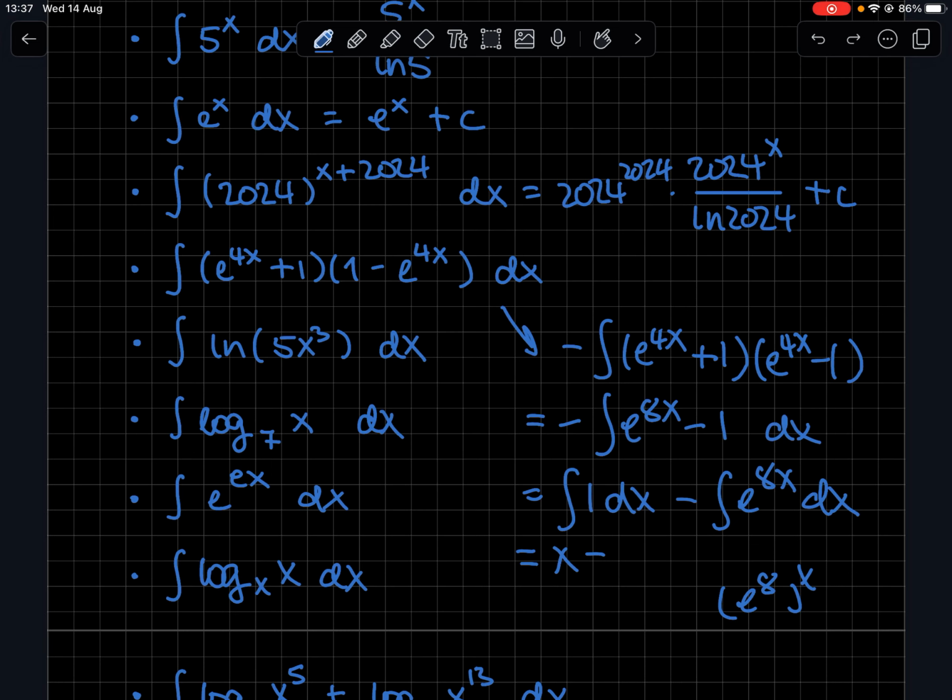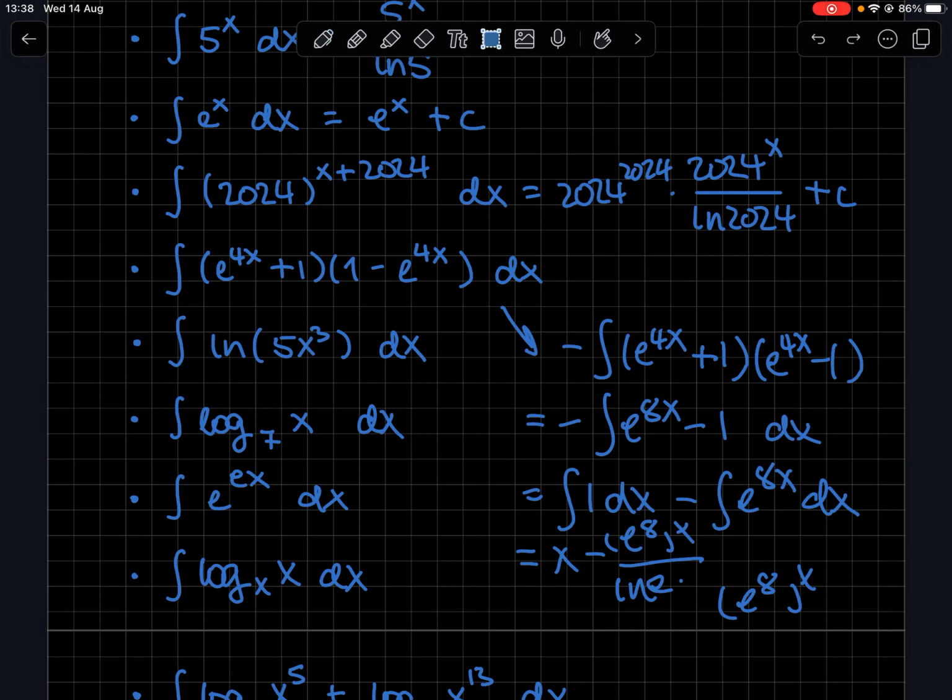So we can say that the integral will be e to the power of 8 to the power of x divided by the ln of e, okay, and divided by 8, because of the 8 over here, okay?